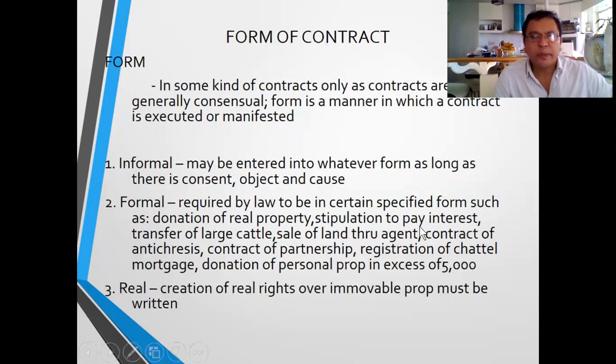Also a stipulation to pay interest, transfer of large cattle, sale of land through an agent, contract of anticresis, contract of partnership, registration of chattel mortgage, donation of personal property in excess of 5,000 pesos, then the law requires that these must be in written form. So these are called formal contracts.